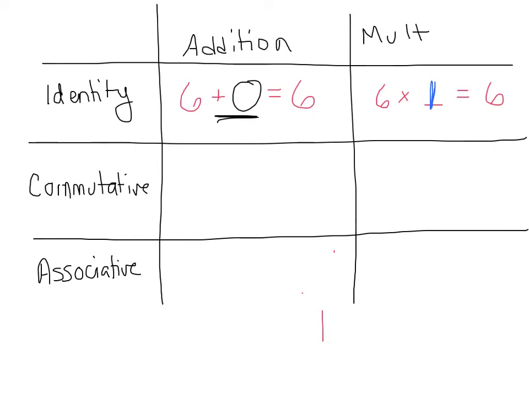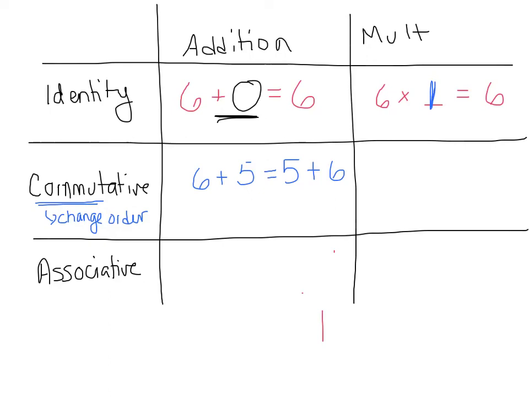The commutative property has the root of commute, so this is changing the order. For example, 6 plus 5 is equal to 5 plus 6. There is no n in commutative. 6 plus 5 is 11, and 5 plus 6 is 11.